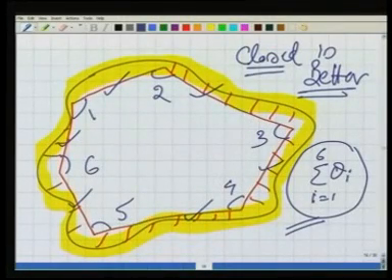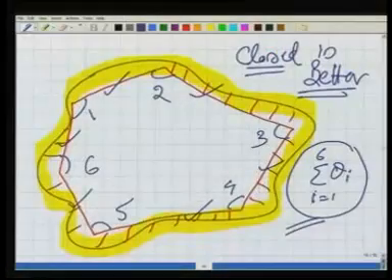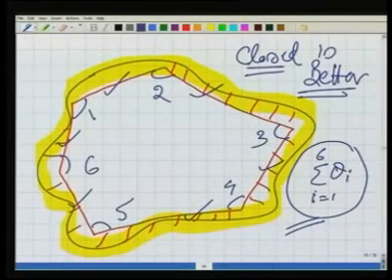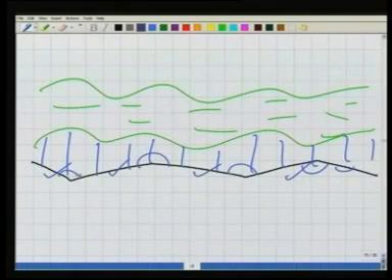Then you have a check. If the measurements in the field deviate by a large amount from the theoretical sum, you suspect there is something wrong in your survey. But this thing cannot be done in case of the open traverse, because there is no check as such.